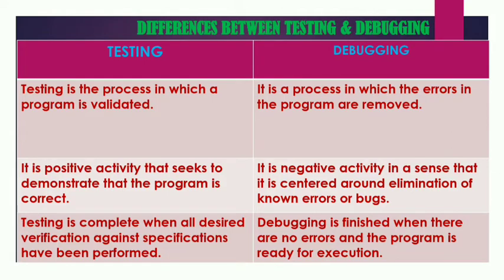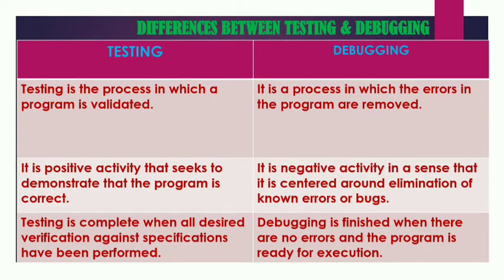But debugging is a negative activity because if there is any error or mistake, you have to correct those mistakes. It is negative in the sense that it is centered around the elimination of known errors or bugs, to correct those errors or bugs. Testing is complete when all the desired verification against the specification has been performed.